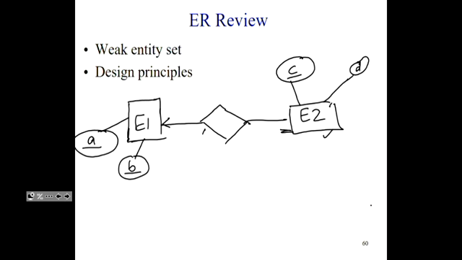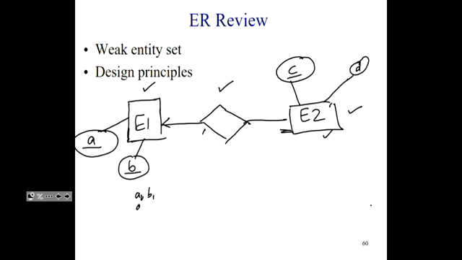I'll give you the high-level view, and then I will try to make an argument for why it's better off storing these as attributes. A high-level view of how I would be storing this information is I would store something corresponding to this entity set E1, something corresponding to the relationship, and something corresponding to the entity set E2. Okay? So for E1, I would essentially be storing A-B pairs.